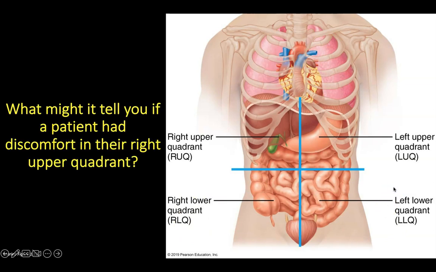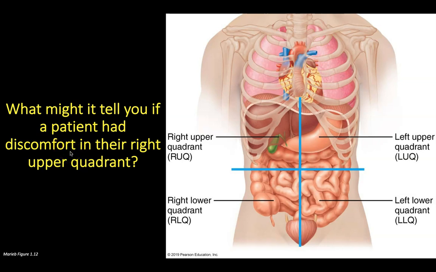Why would I care about thinking about this? And when, say, in a clinical setting, might it be important for you to understand these different quadrants? So let's say that a patient comes in and tells you, for instance, that they have discomfort in their right upper quadrant.